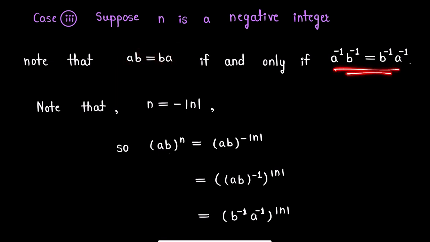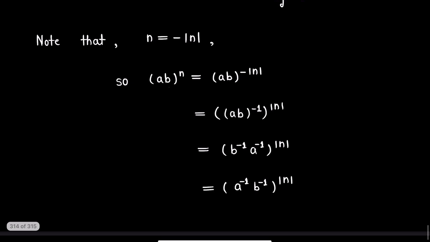Now as n is a negative integer, n can be written as minus mod n. So we get (ab)^n can be written as (ab)^(-|n|). Now we can write this as ((ab) inverse)^|n|. Then using the socks-shoes property in groups, this can be written as (b inverse a inverse)^|n|.